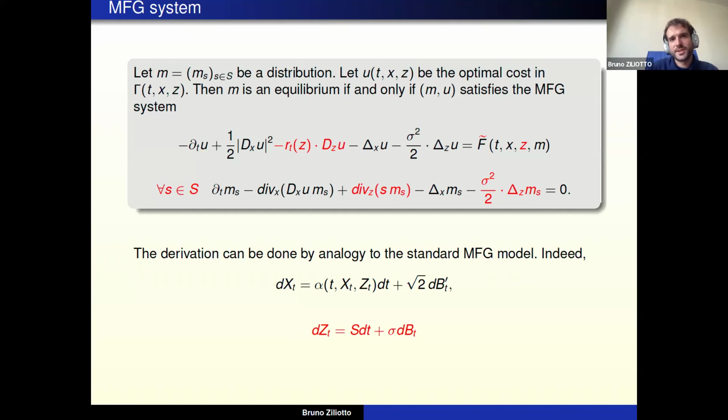Formally, you can view it as if it was a control, a control that does not depend on X and Z. So when you do your dynamic programming principle, it goes out of the equation. I don't know if that's okay. Yeah, I see. So you view S really as a control, but a control chosen by the individual player. It doesn't make sense in terms of modelization, but okay.